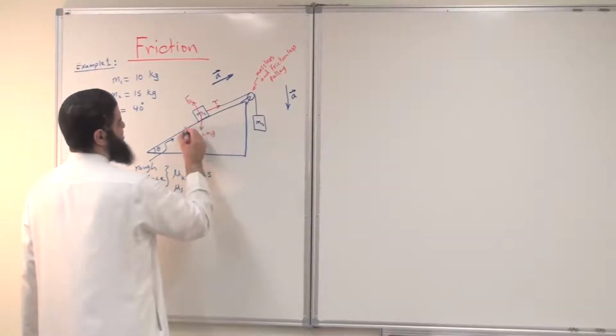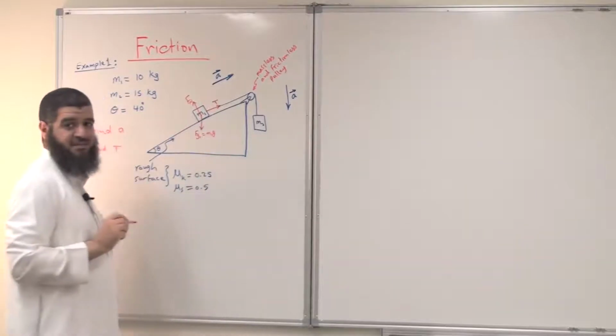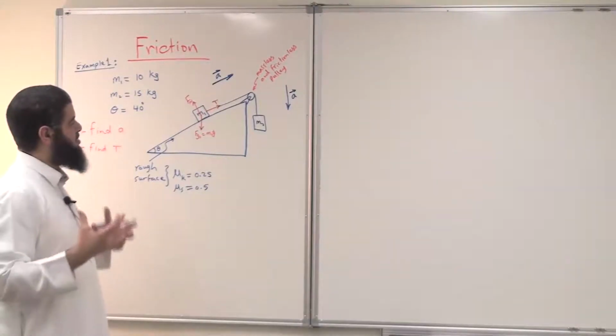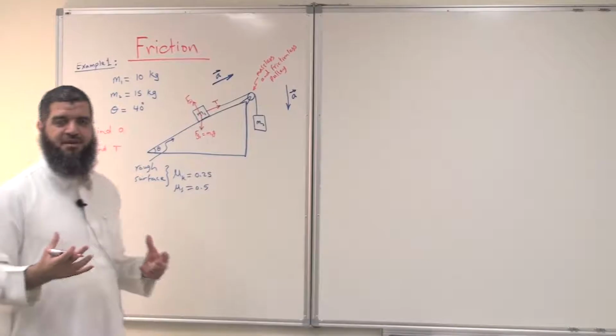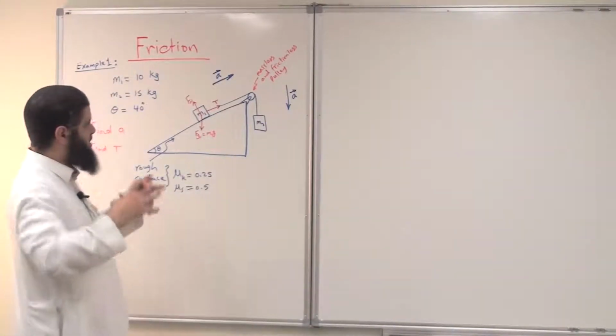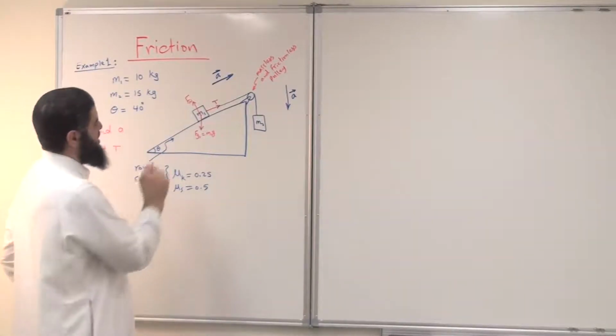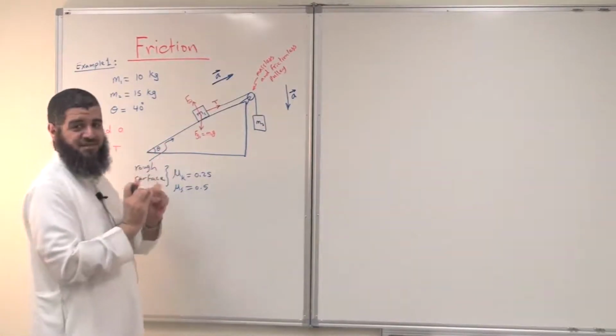Sometimes we draw it at the bottom or from the center of the object. It doesn't matter because all objects we deal with here are very small particles. So we make them a little bit large just for our convenience, but you should keep in mind these are very small objects.